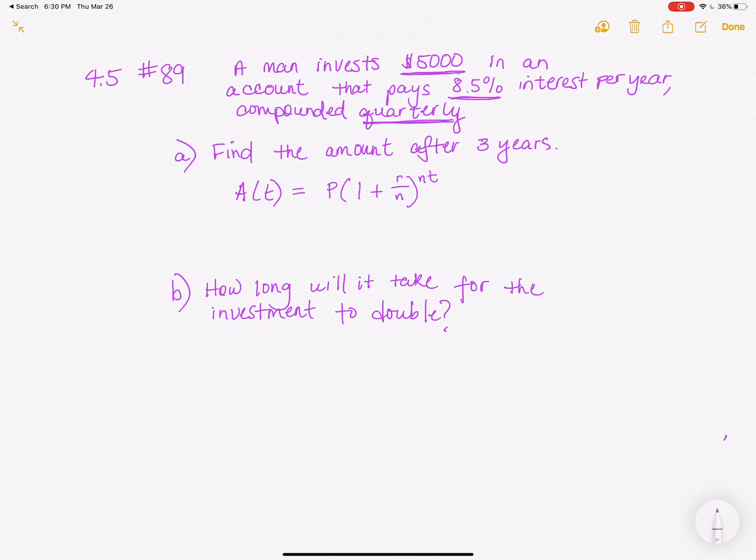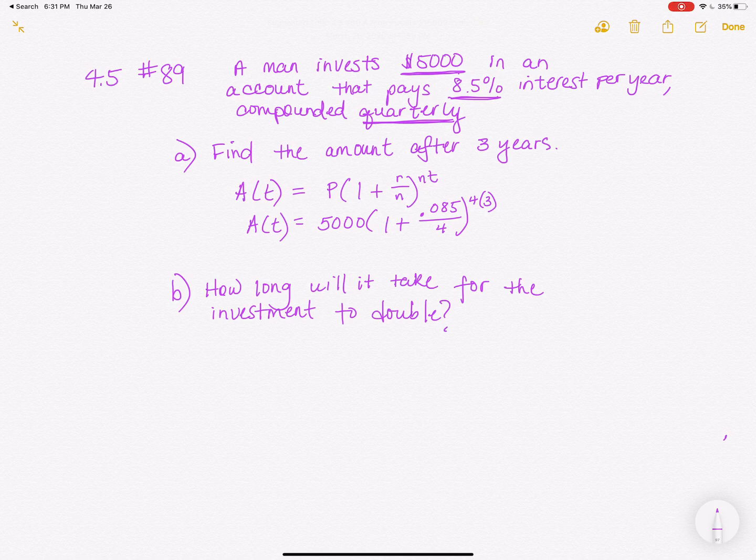So to find the amount after 3 years, like the A part is asking for, I know that my amount is going to equal my principal times 1 plus my interest rate, and you want to change that to a decimal, over the number of times a year. So it's 4 times a year since it's quarterly, and then I raise that to 4 times 3 years, or 12.